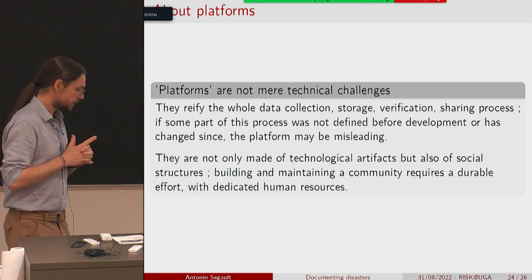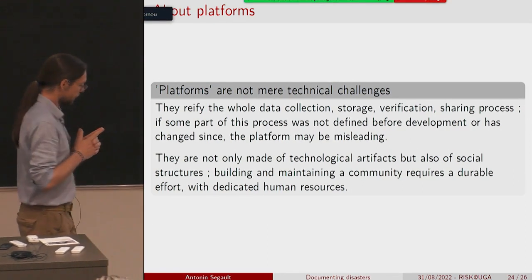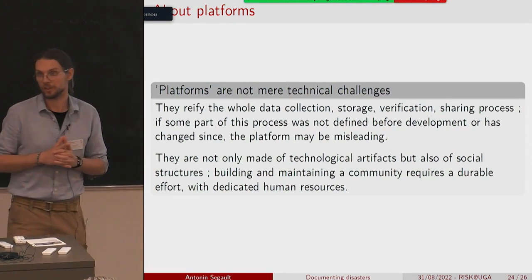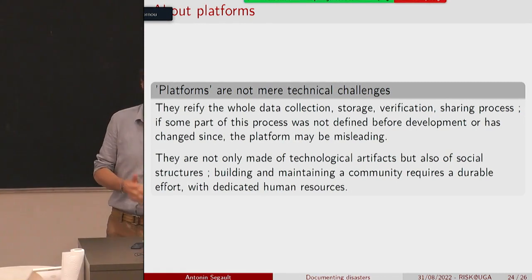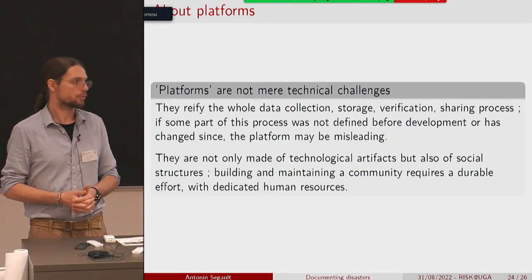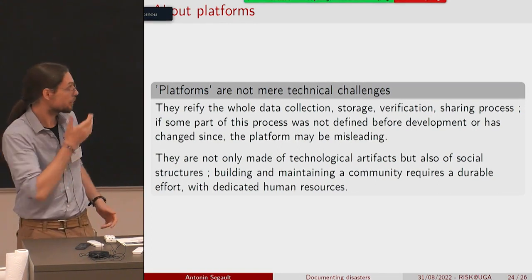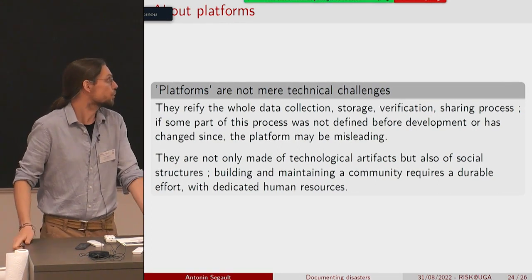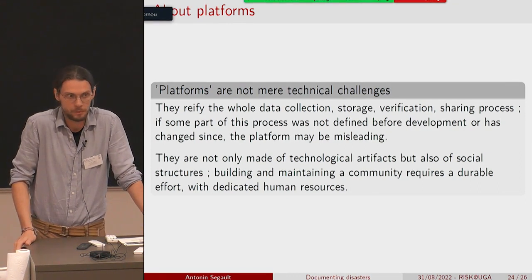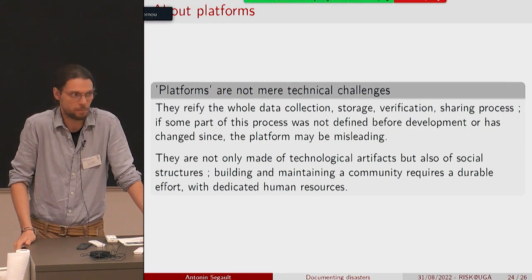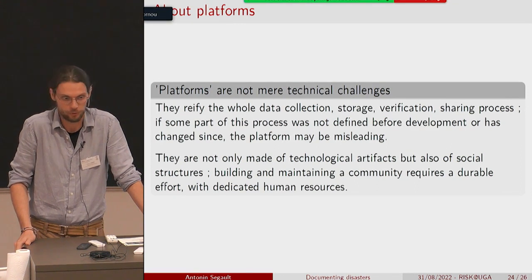The main trick is that in an academic context, usually we work in projects. We have funding for 1 year, 2 years, 5 years, if we are very, very lucky. And at the end of that, we have no human resources left. The postdocs are gone. The PhD students are gone, one way or another.